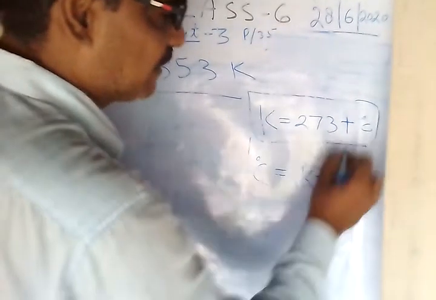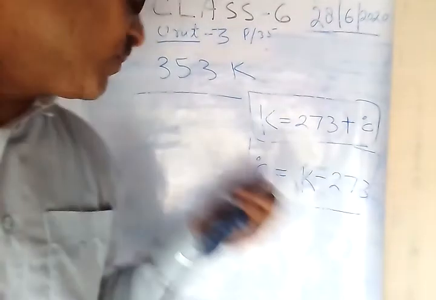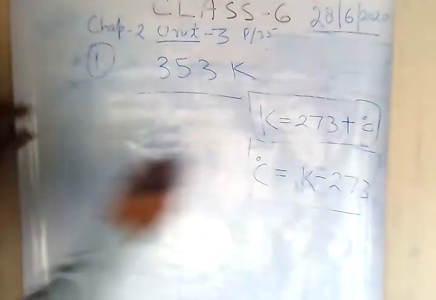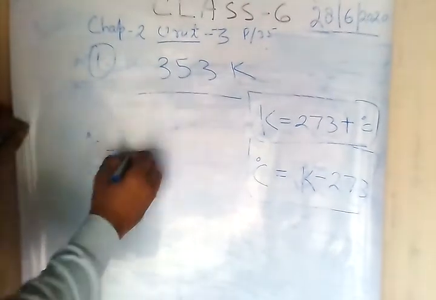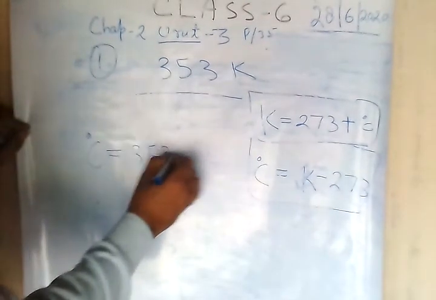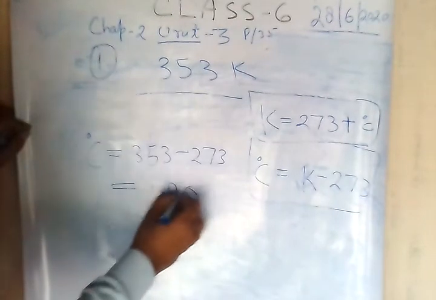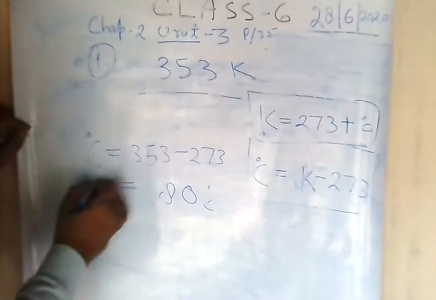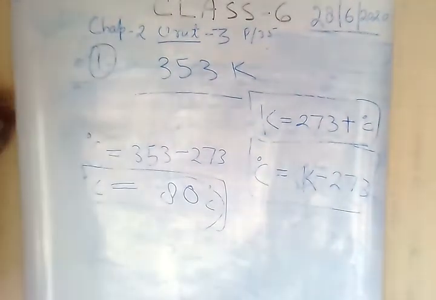If the temperature is given in Kelvin and you want to calculate in degree centigrade, then directly use this formula. See it. Kelvin given is 353 minus 273. So the temperature will come to 80 centigrade. This is the answer, 80 centigrade.